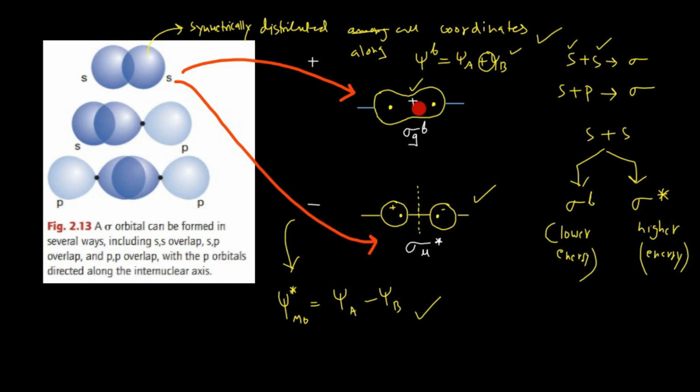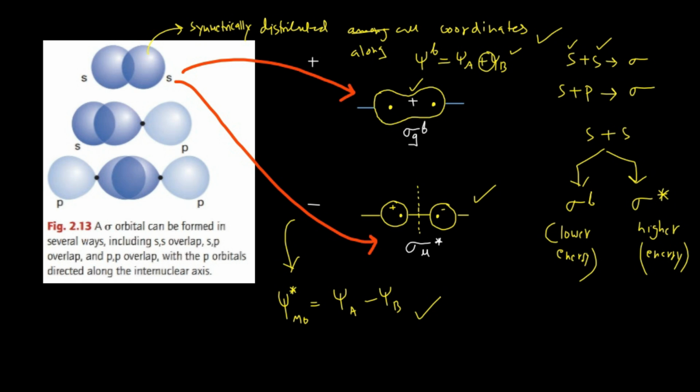This particular region will have the maximum electron density, and then these two nuclei are shielded by this electron density, and there would be less repulsion, and when less repulsion is there, energy goes down, and the sigma bonding molecular orbital will have lower energy, right?